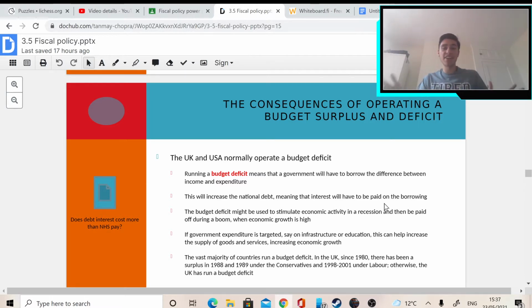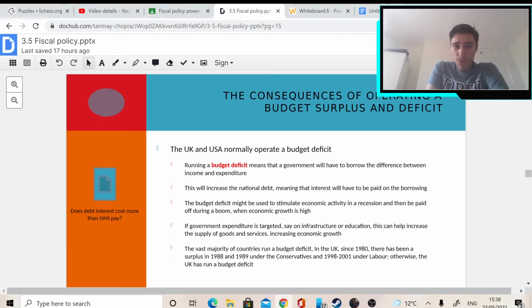But there are many other factors as well. This is just to give you a quick feel. So it's just money coming in from other countries and money that you have borrowed from other countries, which you have to pay back to them. Now, this will increase the national debt, meaning the interest will have to be paid on the borrowing, and if you buy from other countries, it worsens your balance of payments.